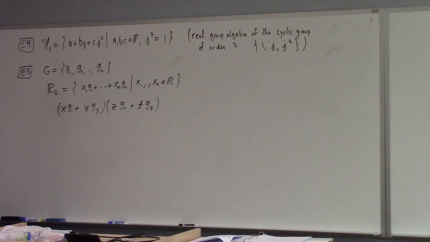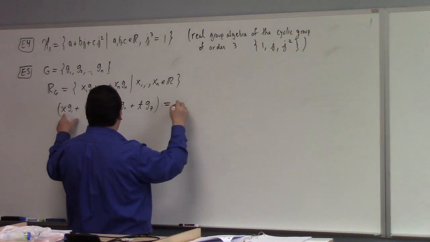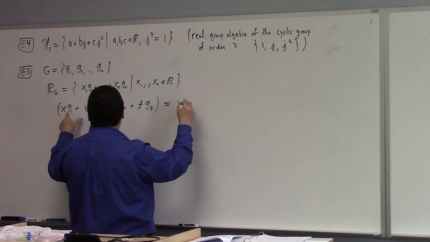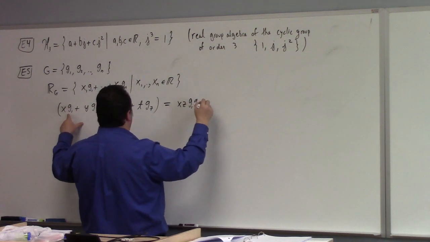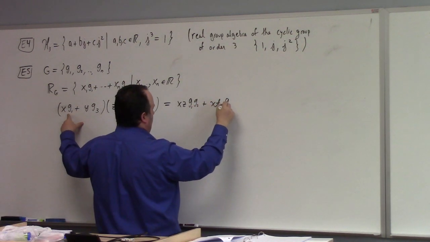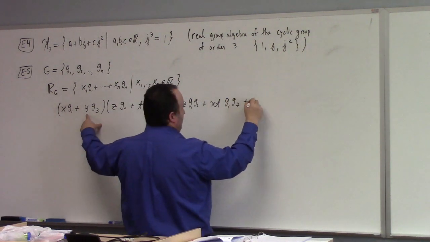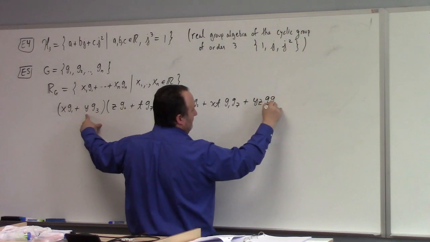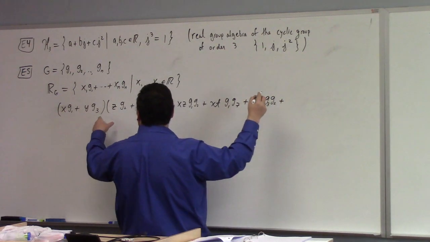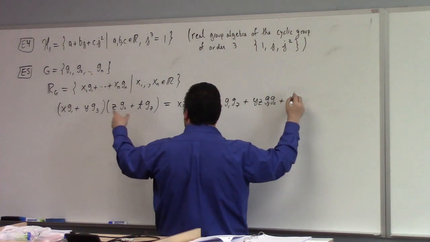The way the multiplication works is you just multiply coefficients: xz, and then I've got g1 times g2, and then x times t, g1 times g7, plus y times z, g3 times g2, plus yt, right? So what I'm doing is I'm just distributing.